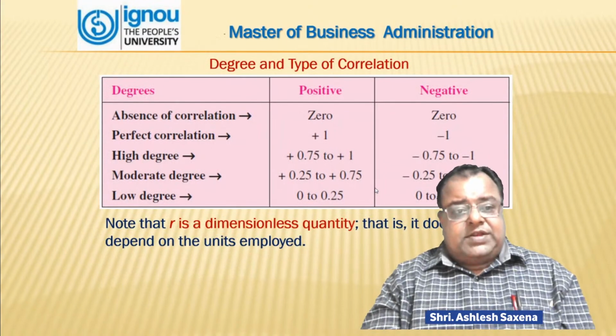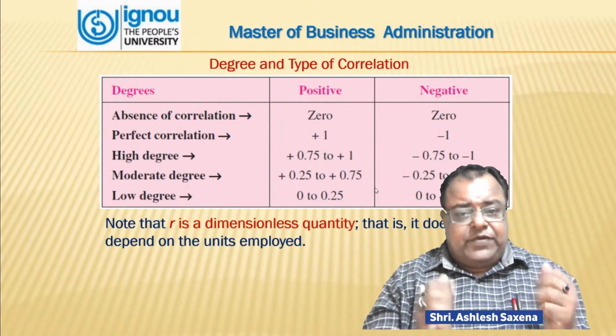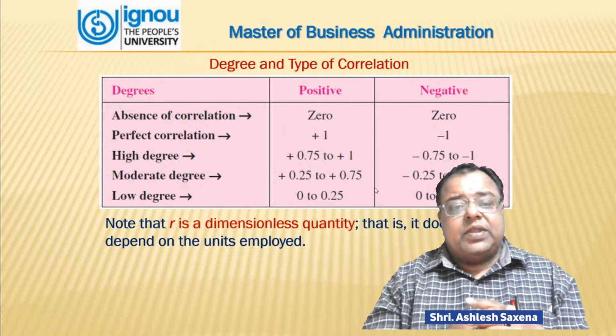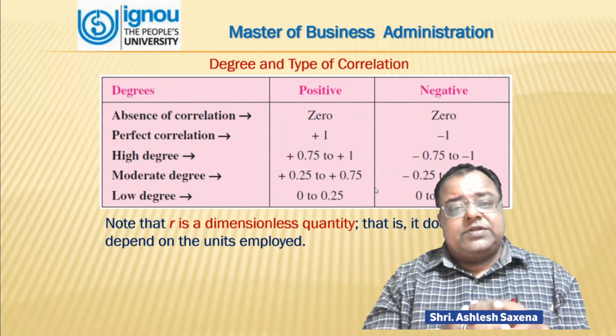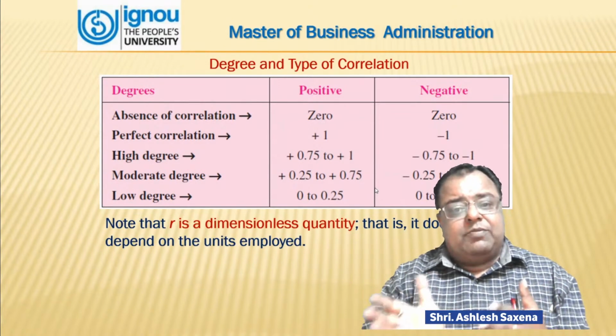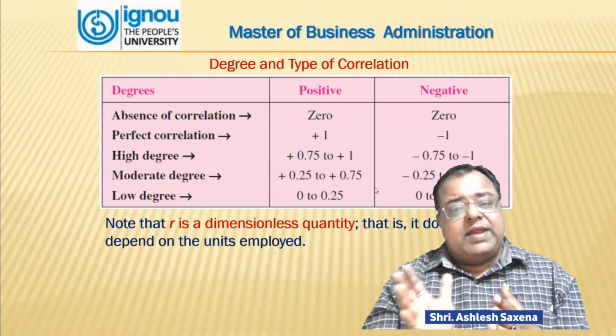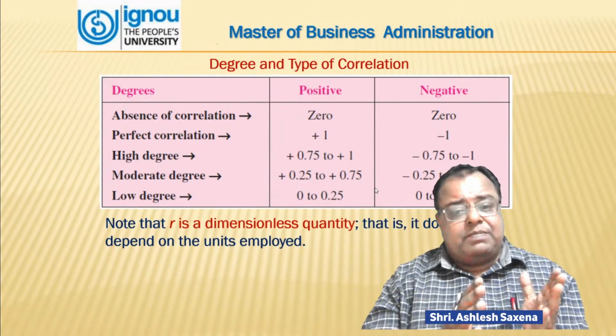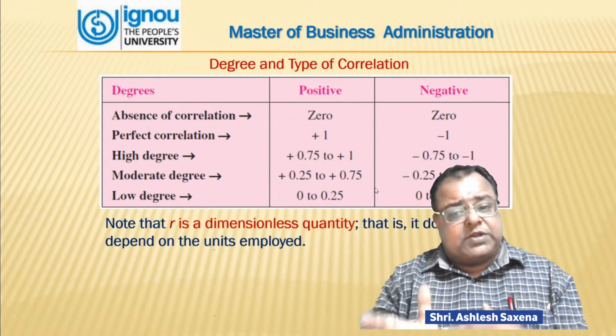Degree and type of correlations. This figure depicts what we have discussed till now. Absence of correlation is 0. Perfect correlation is plus 1 and minus 1 in the negative one. High degree of correlation is from plus 0.75 to plus 1.